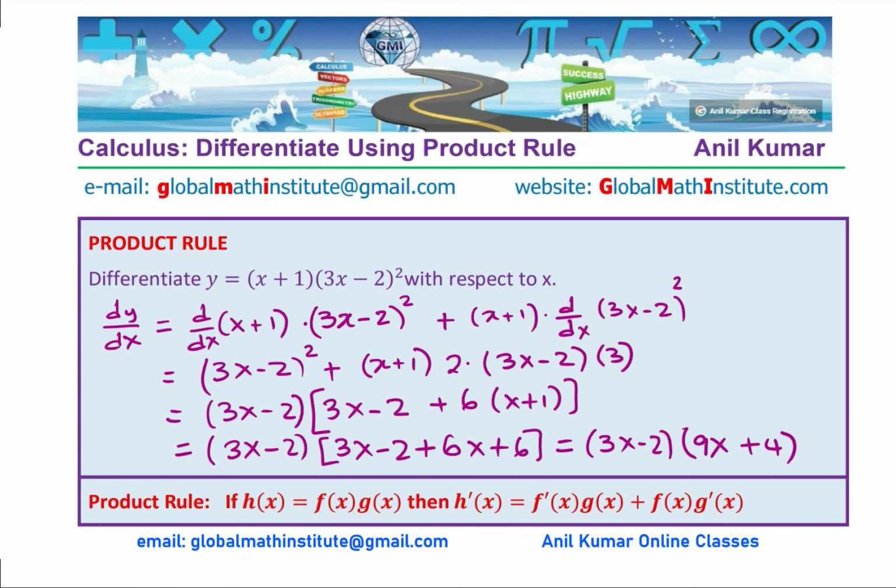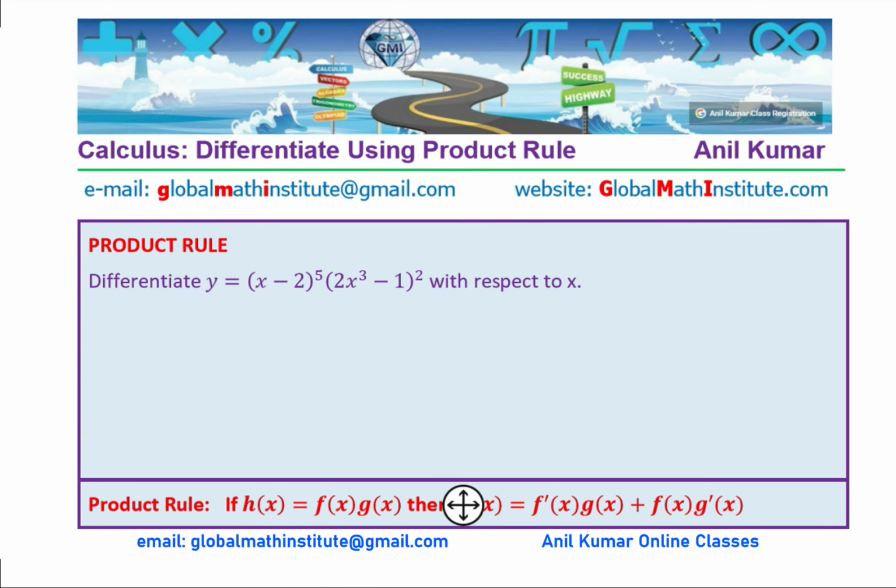Perfect. So I hope the steps are clear. Let's take up the next question now. (x minus 2) to the power of 5 times (2x cubed minus 1) whole squared. This is very similar to the previous question.